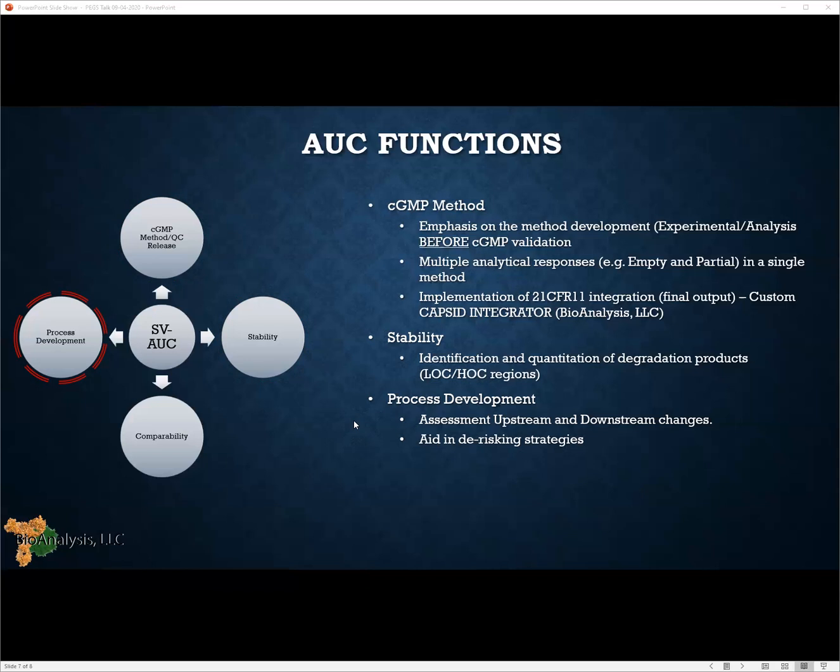You're taking away certain processes or steps, or increasing certain dwell times. You can look and see the changes, and this aids in the de-risking strategies and mitigation of those risks by looking at your process development samples as they come out in real time.